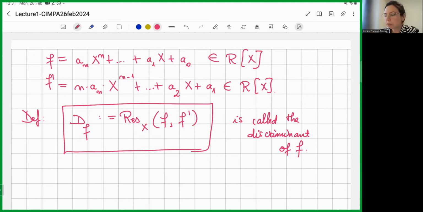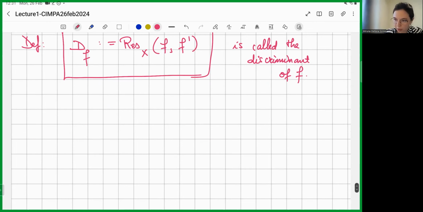Essentially, we use the discriminant to detect when a polynomial has a multiple 0. In this case, for us in C, we are interested to work in the field C. So let's write directly the result I want to finish with.